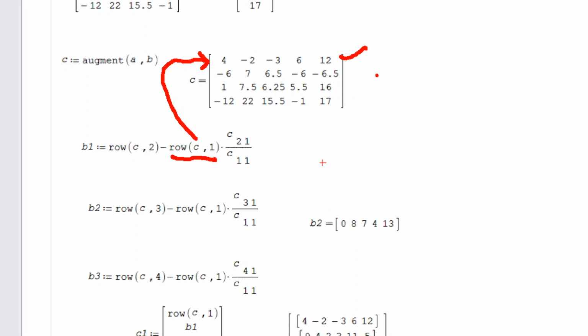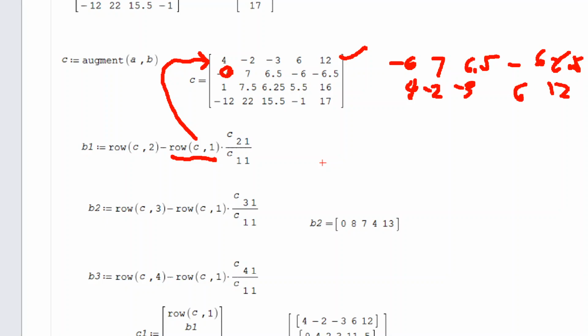So here, remember, our goal is to make this 0, right? So our first stage there is -6, 7, 6.5, -6, right? -6.5, and then this is 4, -2, -3, 6, and then 12, right?